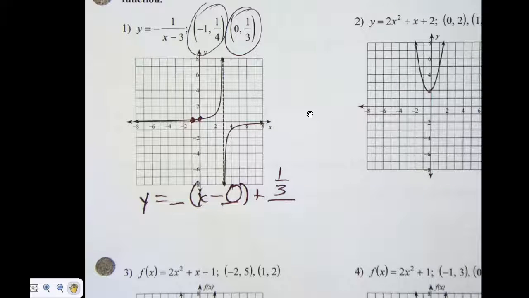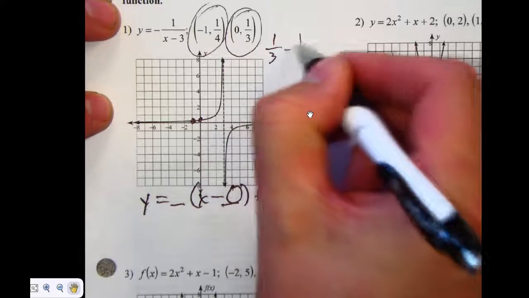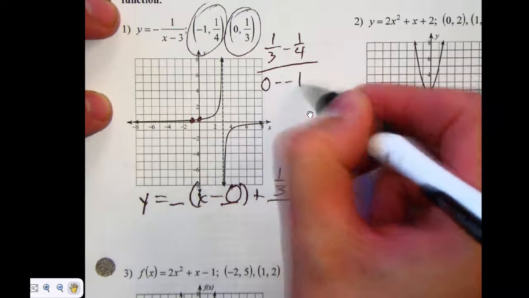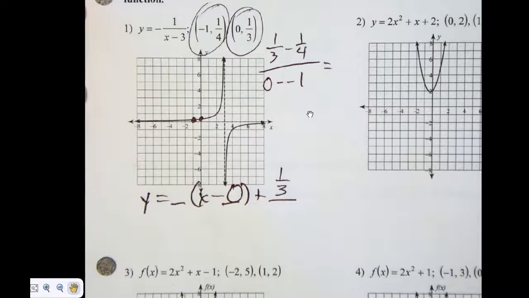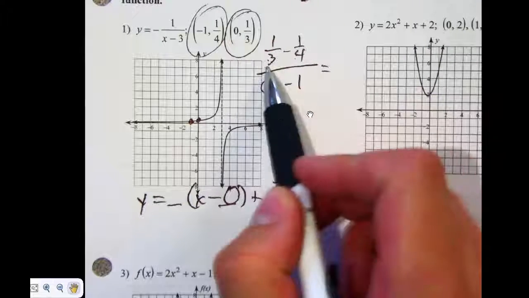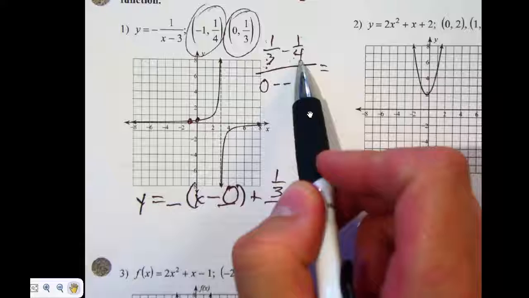And my job is to find the slope. This is just hard because it's fractions: 1/3 minus -1/4 over 0 minus -1. So put these in twelfths, right? This would be 4/12 minus 3/12.